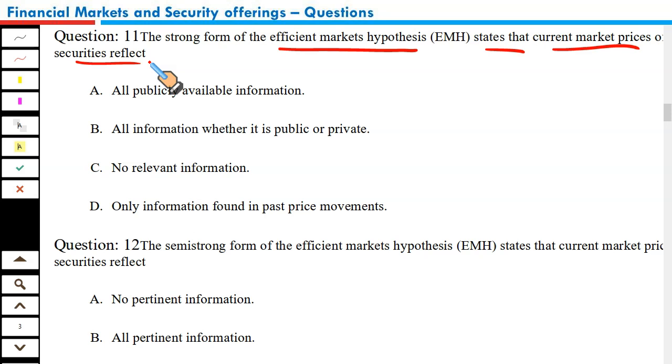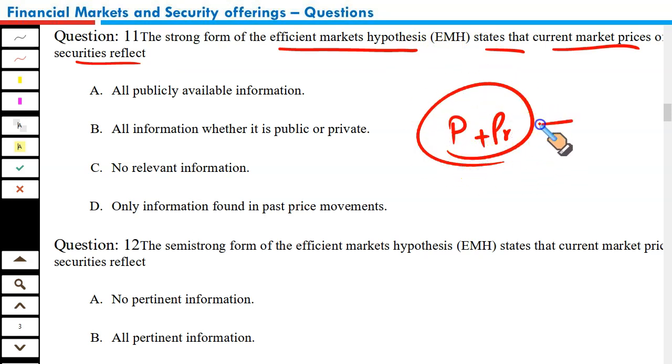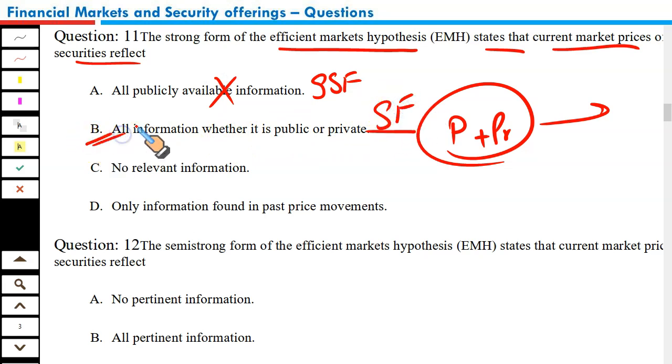So when we say strong form efficient market hypothesis, it means all public plus private information is reflected in the stock price. All publicly available information, that is called the semi-strong form. Incorrect. All information, whether it's public or private, yes, that is the strong form. That's the strong form, and that's your right answer.